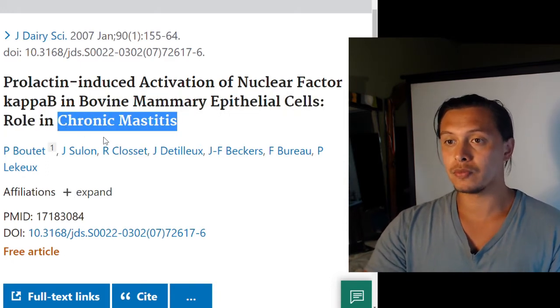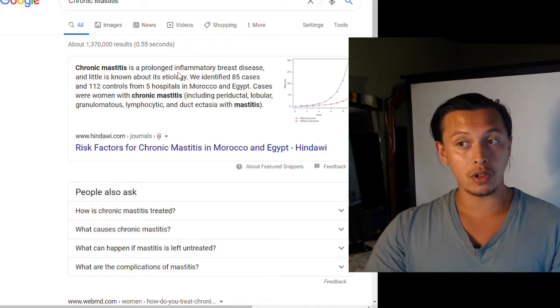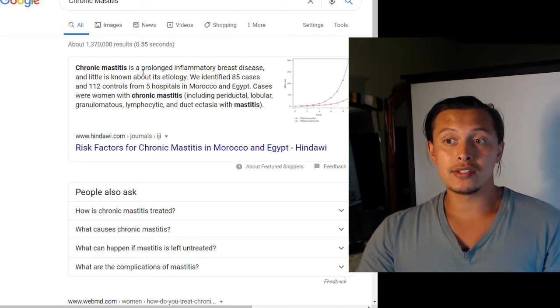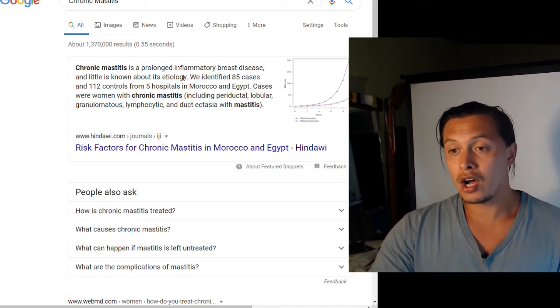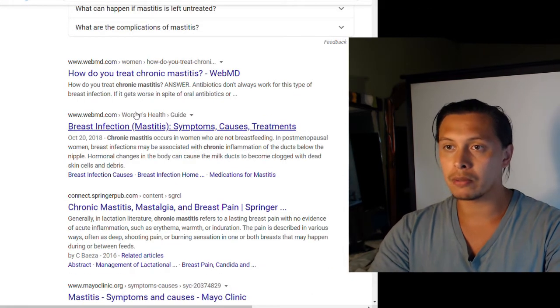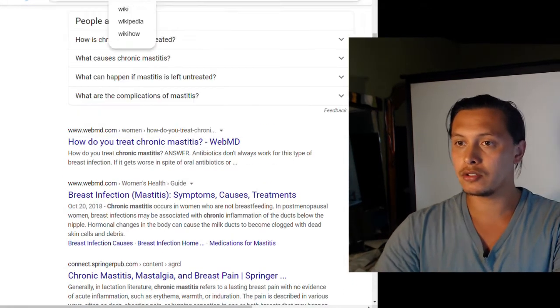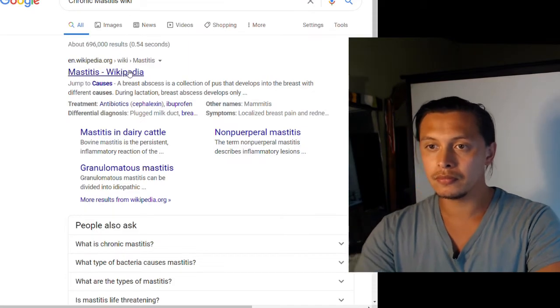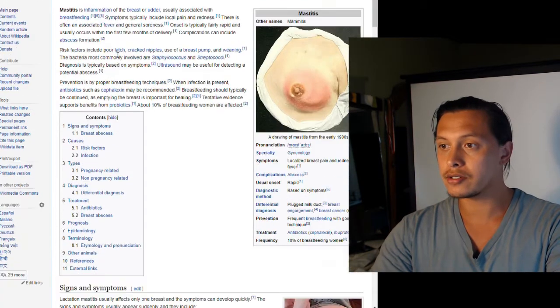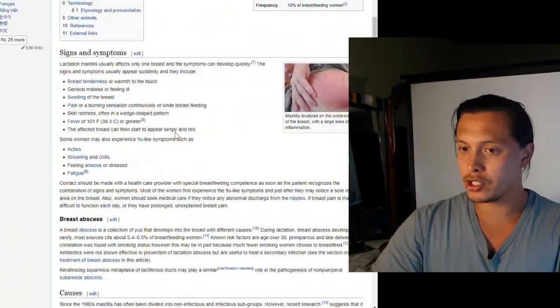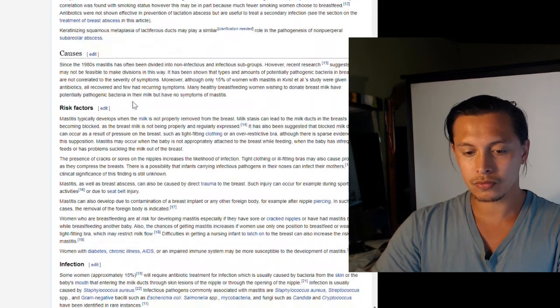So let's look this up real quick. It's a prolonged inflammatory breast disease, and little is known about its cause. So let me go to Wikipedia, because Wikipedia usually has a good, okay, so let's keep this PG. Okay, causes.